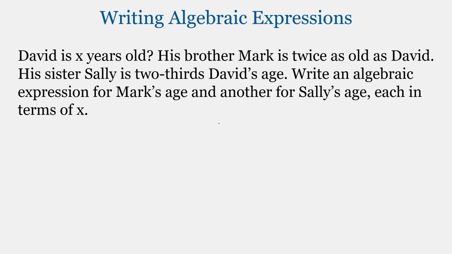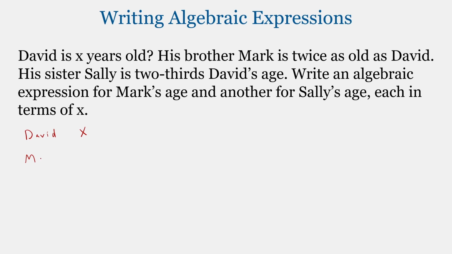Now let's look at another age problem. So David is x years old. His brother Mark is twice as old as David, and his sister Sally is 2/3 David's age. Write an algebraic expression for Mark's age and another for Sally's, each in terms of x, each in terms of Dave's age. So Dave is x years old.